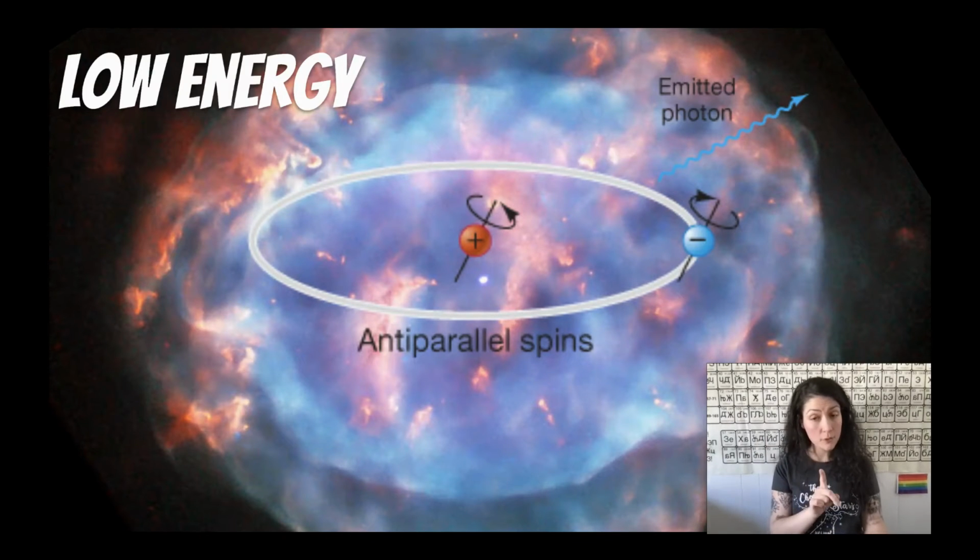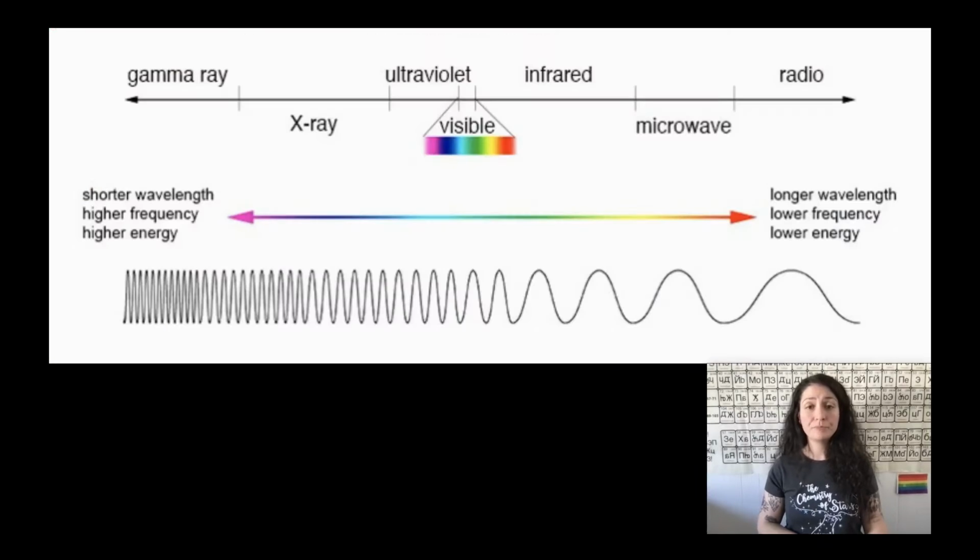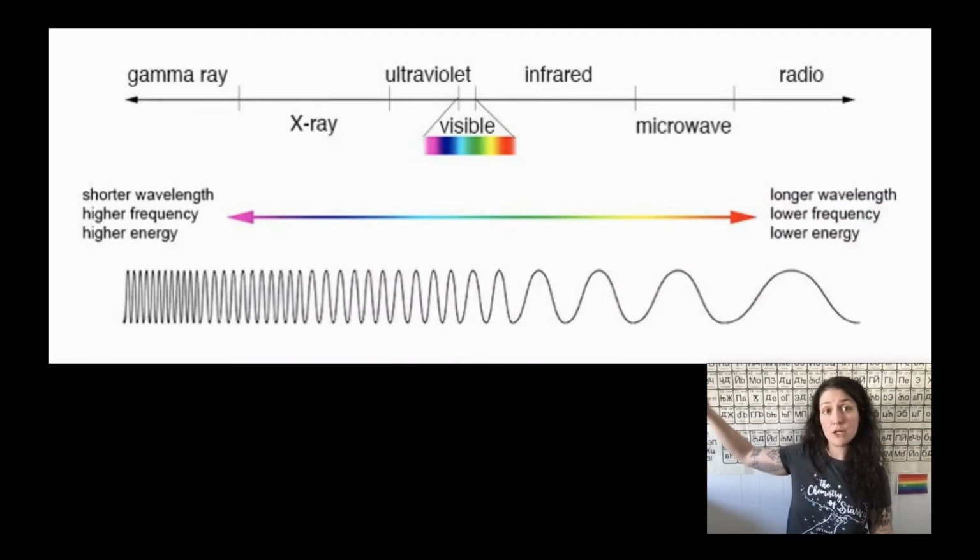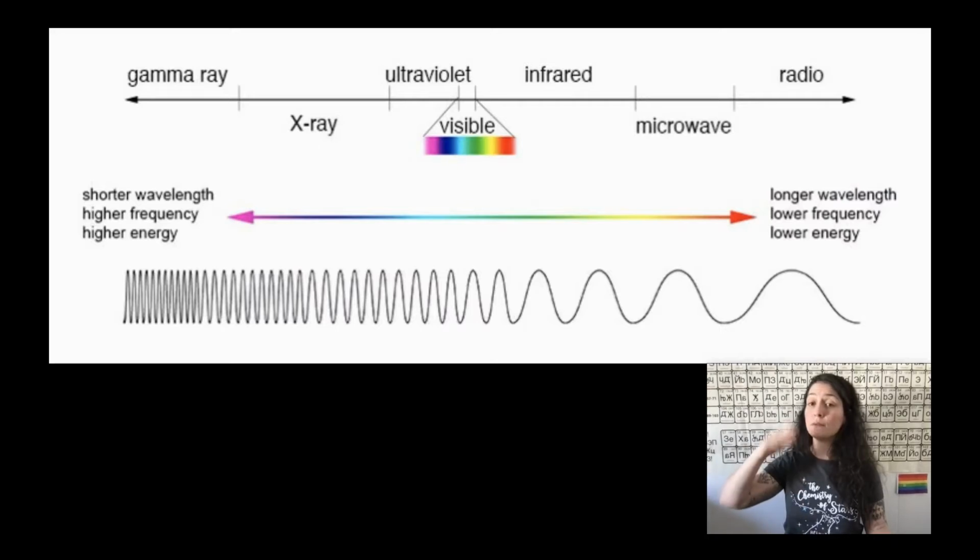That photon is not as high energy as what we see when we have the emission spectra. If you take a look in the middle here, the visible spectrum, and go more to the left, gamma rays, X-rays, ultraviolet, those wavelengths are much shorter.